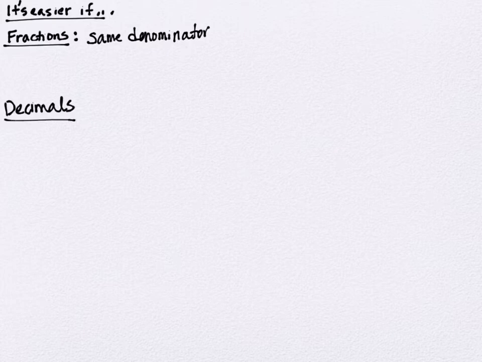Same denominators, super helpful, right? Same denominator is a very helpful thing with fractions. We'll just kind of keep a tally. Anything you can think of to add into the decimals category? When is it easier to work with decimals?